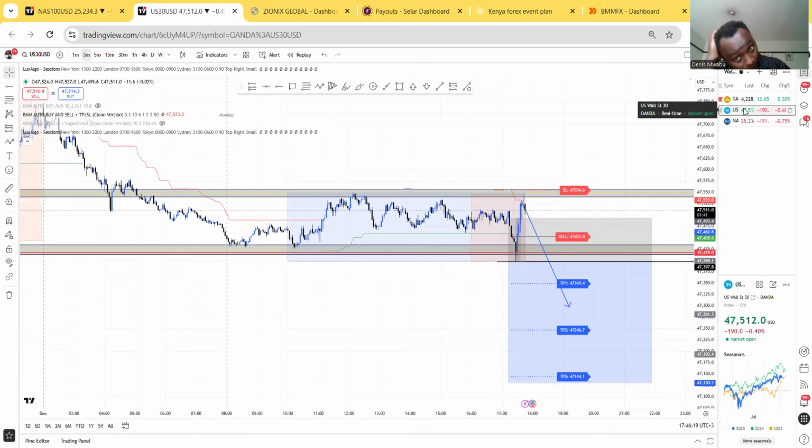Even US is about to break. I think Nas will push really well. Here we go, Nasdaq. 5 minutes to news.